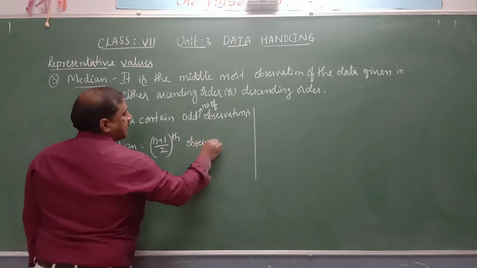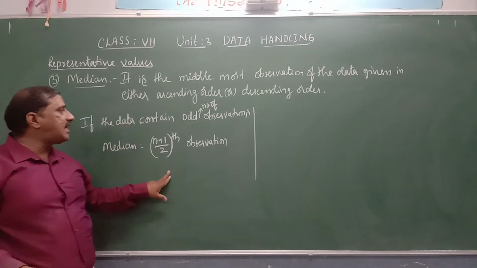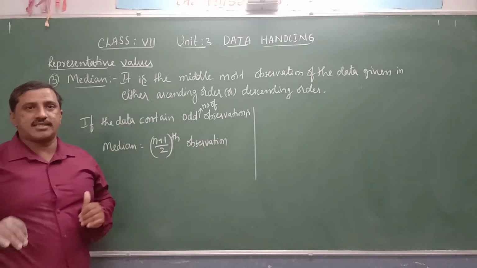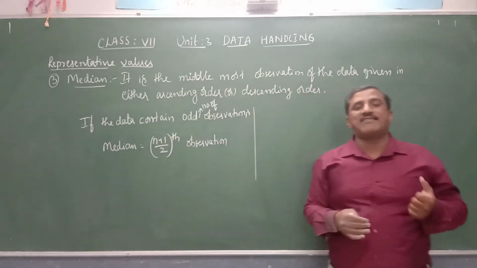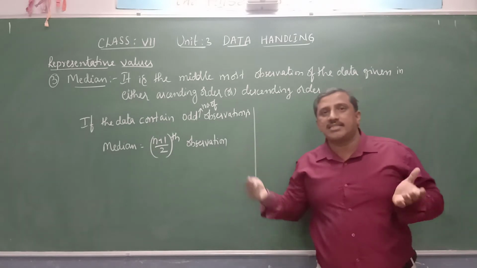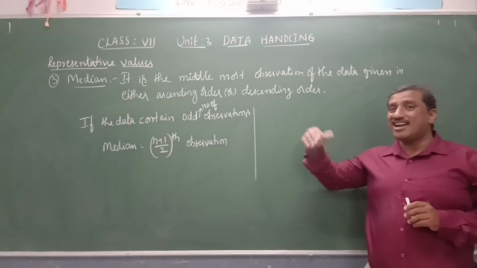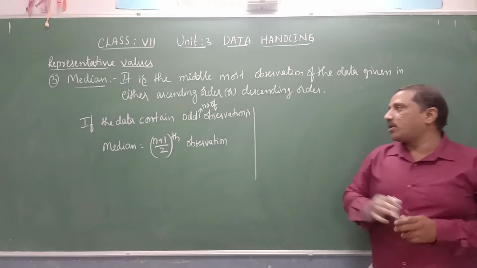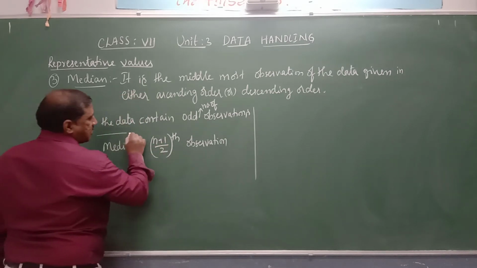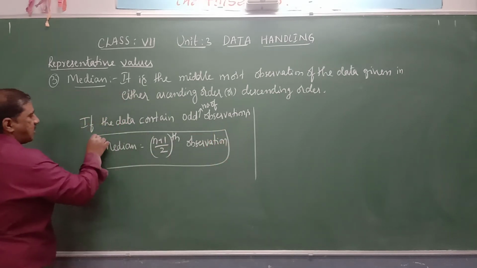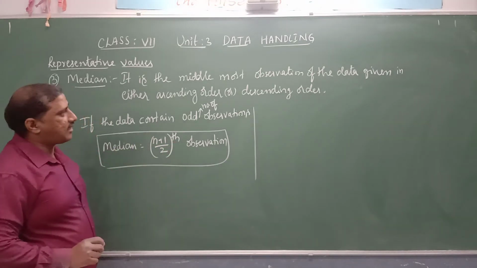This is the formula to calculate the median of data which contains an odd number of observations, that is, 5, 7, 9 or 11 observations. Therefore, the median of the data is the (n plus 1) by 2 th observation.